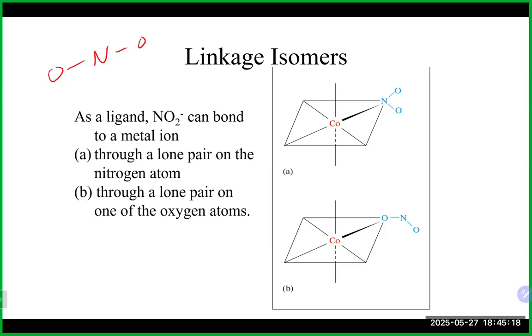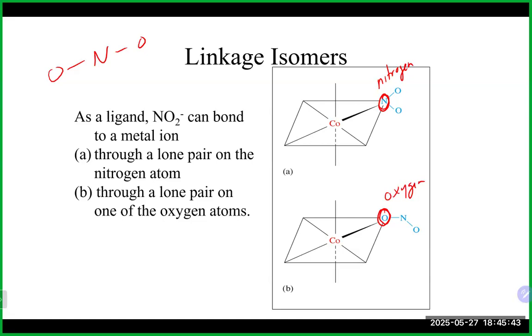In the first case here, the NO2 minus is attaching through the nitrogen, so it's using the nitrogen to attach to the metal. But because it also has an oxygen, which has a negative charge and also some free electrons on it, it could also attach via the oxygen.